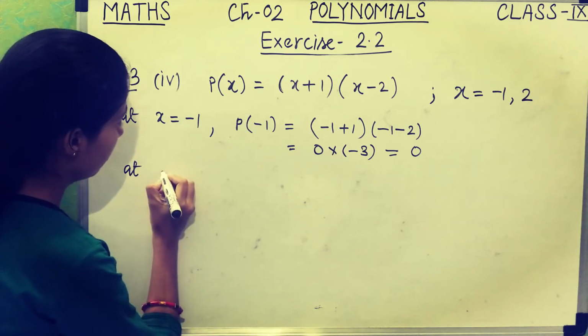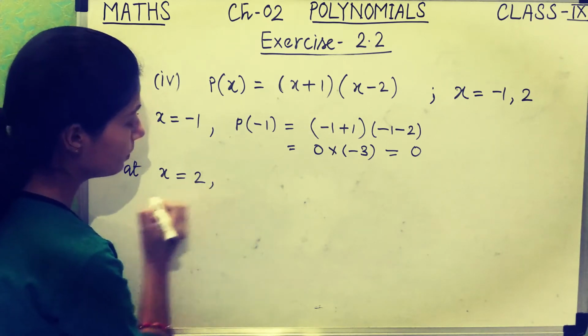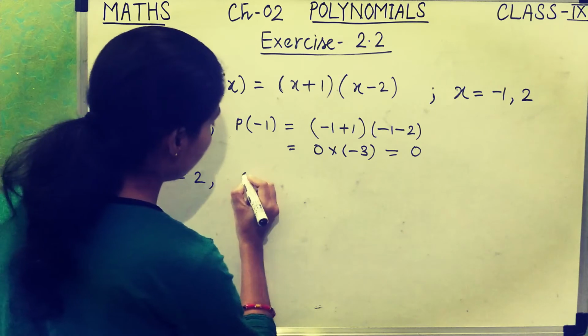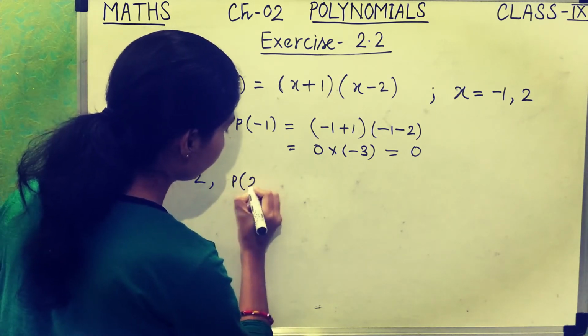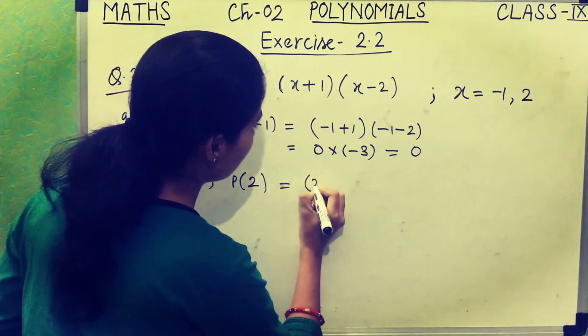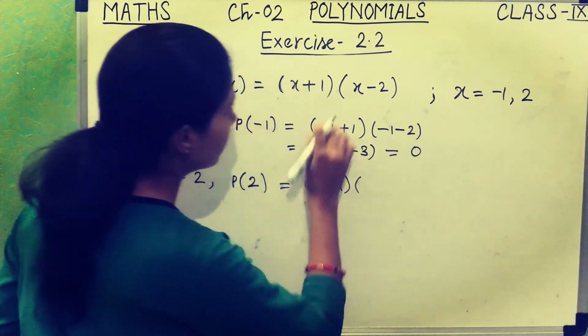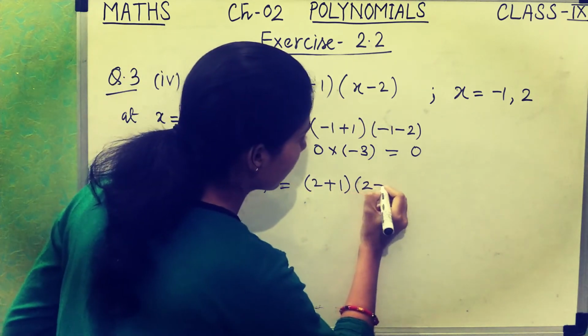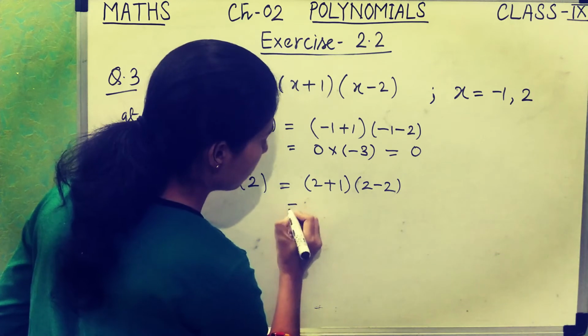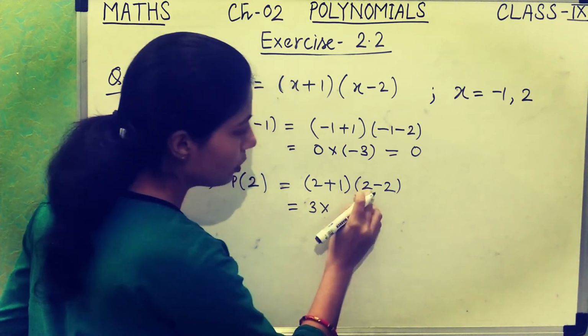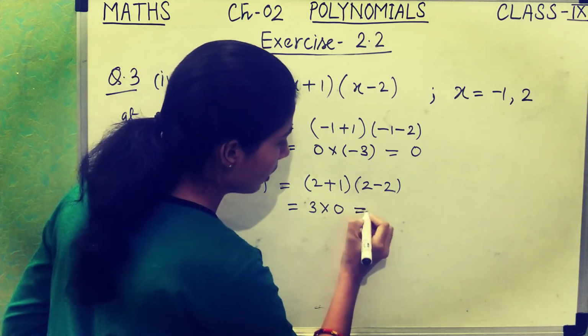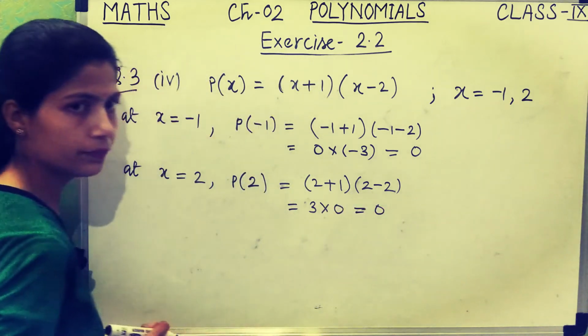Now check at x equals 2. So p at 2 is 2 plus 1 into 2 minus 2. 2 plus 1 is 3, into 2 minus 2 which is 0, again a zero.